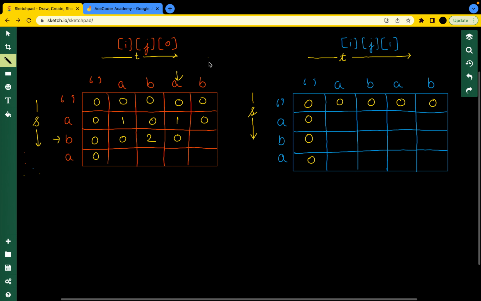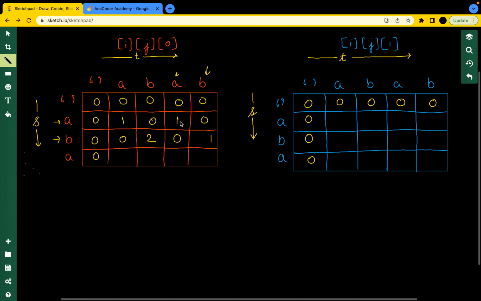So when we are standing at this B, let me just clear this out. Yes. So when we are standing at this B, because they are equal, 1 is for sure added, and then we will check for this previous A, and here also this previous A. What is the length of the string that ends at both these A's and that differs by 0 characters?